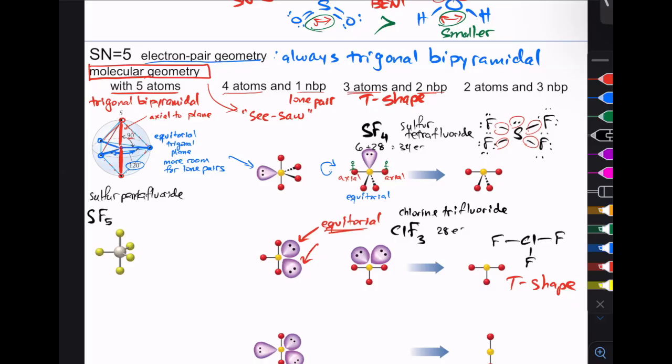All right, that places 6 of our 28 electrons in shared pairs. The rest all go as lone pairs. 6, 8, 10, 12, 14, 16, 18, 20, 22, 24. We still have 4 left. We're going to put them all on the chlorine. Fluorine can't be hypervalent.